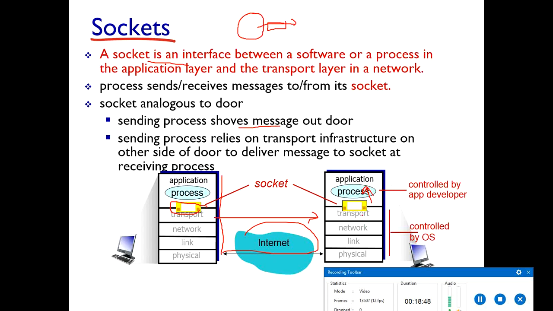Socket is actually an interface between the application layer and the transport layer on any host. It is sometimes also referred to as the application programming interface between the application and the network, because socket is the programming interface with which network applications are built, which we are going to learn later also.